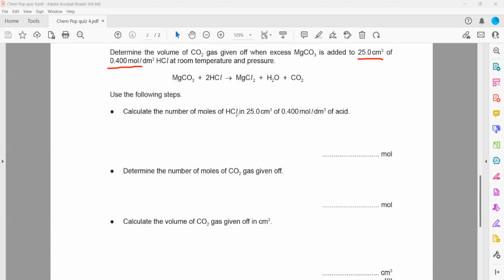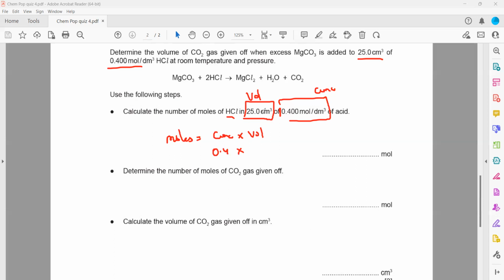Calculate the number of moles of HCl in 25 cm cube of 0.4 moles per dm cube. So 0.4 moles per decimeter cube represents the concentration, and 25 cm cube represents the volume. How do we get the moles if we have the volume and the concentration? Moles equals concentration times volume. The concentration is 0.4 and the volume should always be in decimeter cube.